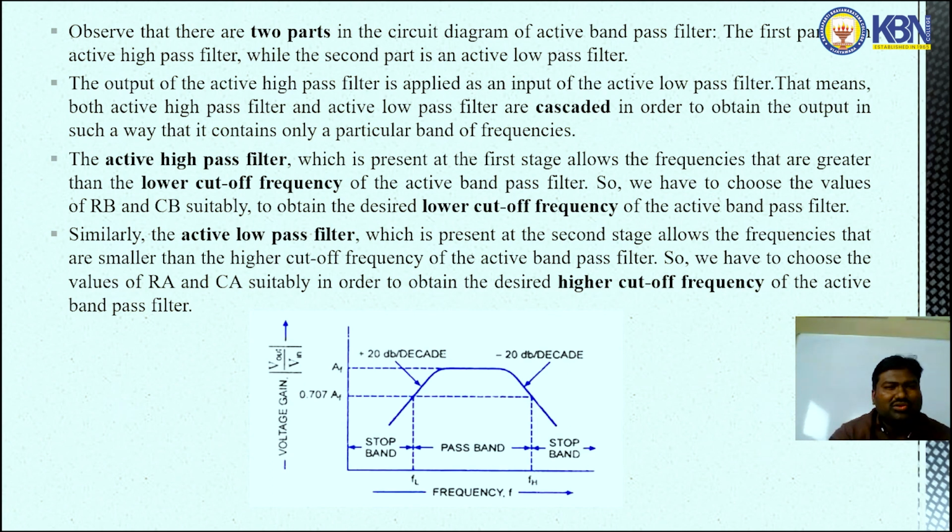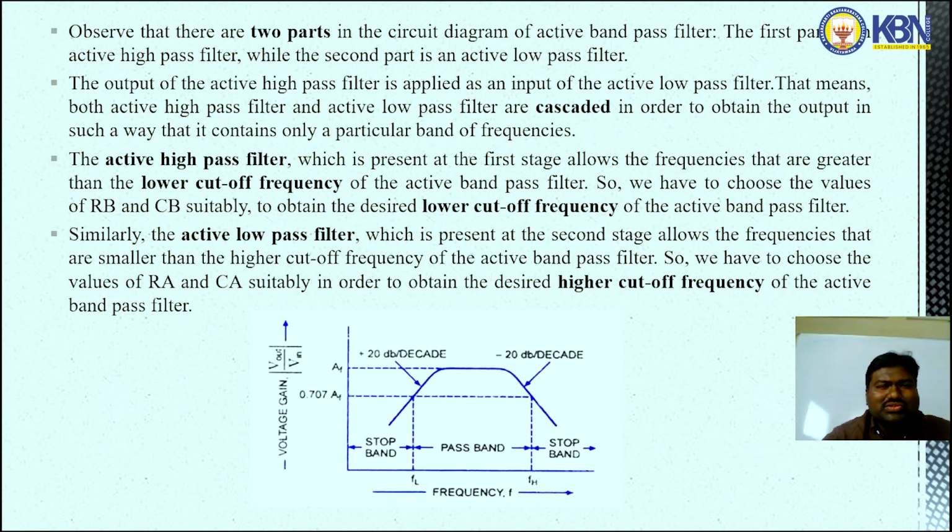That means the high pass filter and low pass filter are cascaded in order to obtain an output that contains only a particular band of frequencies. The active high pass filter in the first stage allows the frequencies that are greater than the lower cutoff frequency of the active band pass filter.